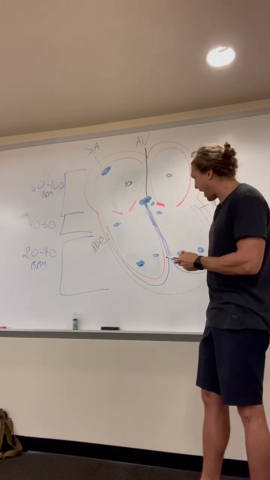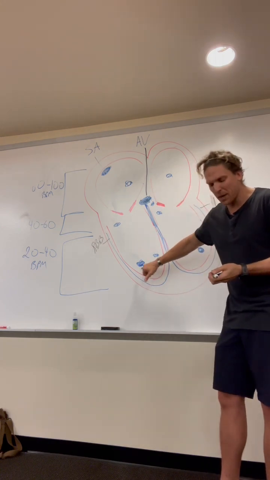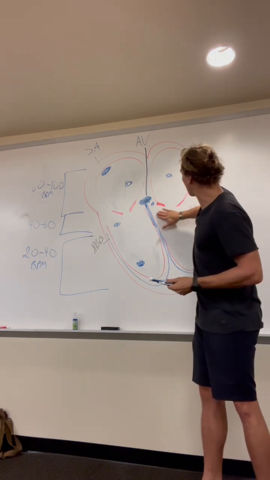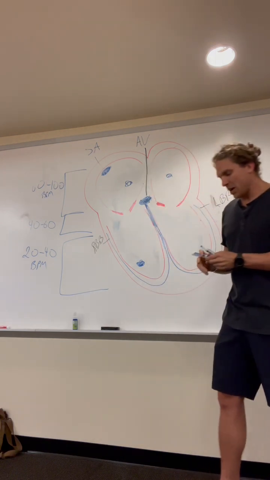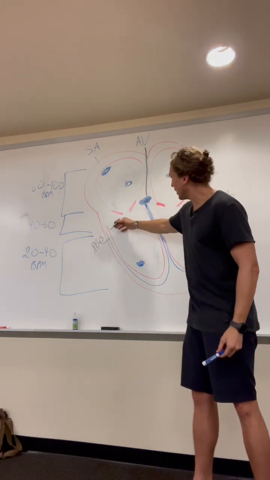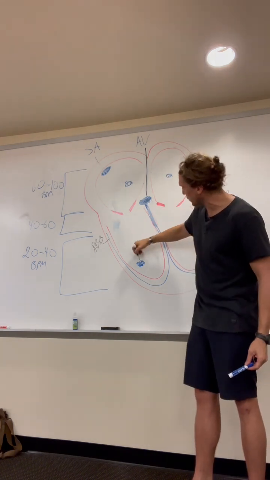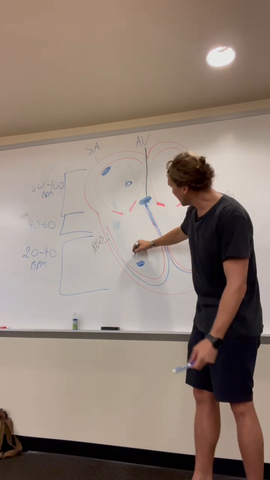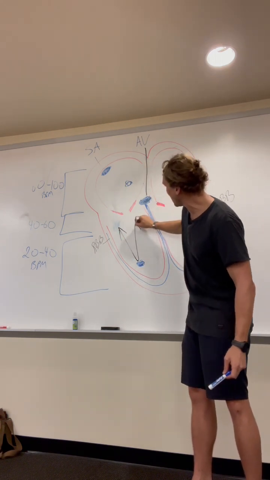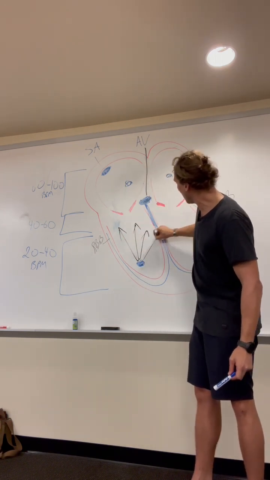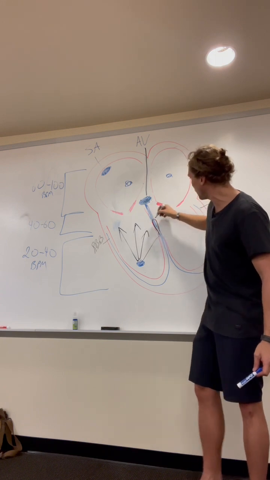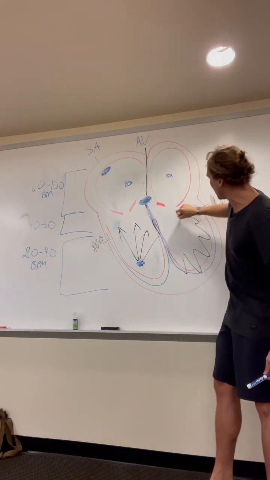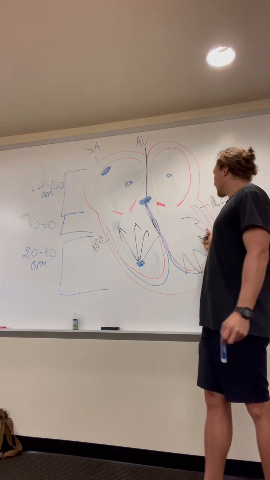So if you have a focus at the bottom of the heart that decides it's going to become the primary pacemaker, it's going to send electricity outside of these bundle branches. So let's say this guy decided he wants to start a heartbeat. He's going to send electricity up here, up here, up here. Maybe it finds its way into the conduction system, and then it goes around and depolarizes the left side of the heart.